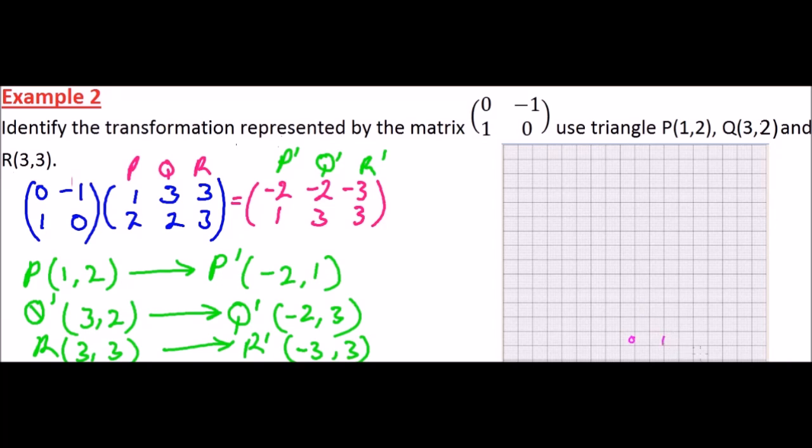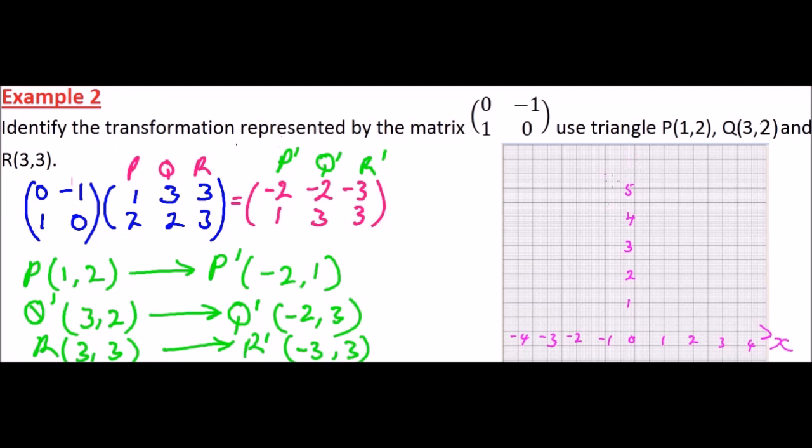Here we can label our x-axis 1, 2, 3, 4. That is our x-axis. On the other side we have minus 1, minus 2, minus 3, and minus 4. The y-axis we have 1, 2, 3, 4, 5.